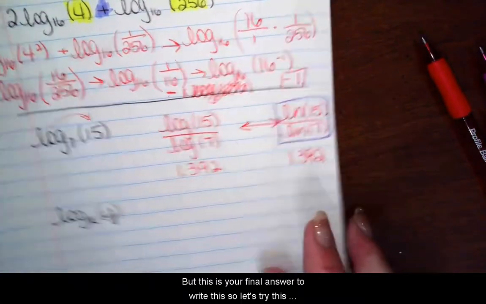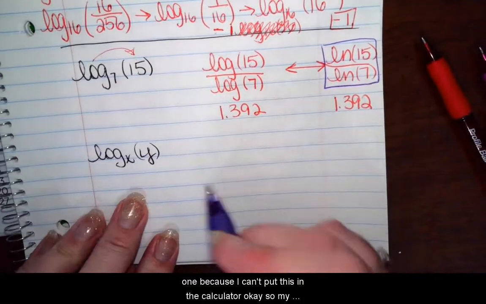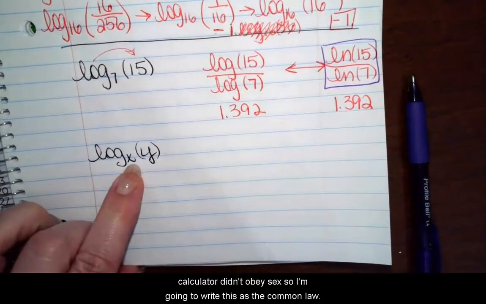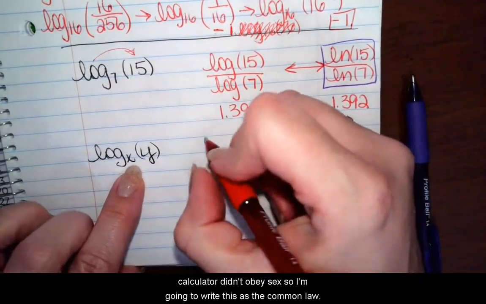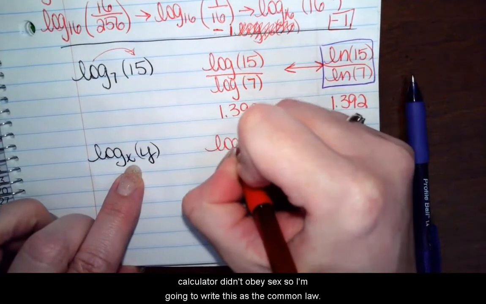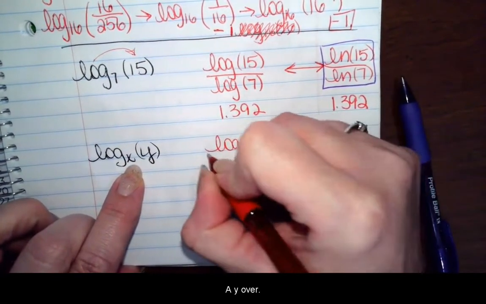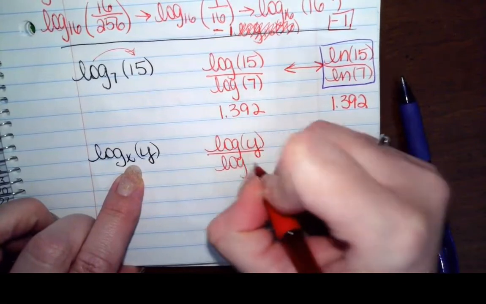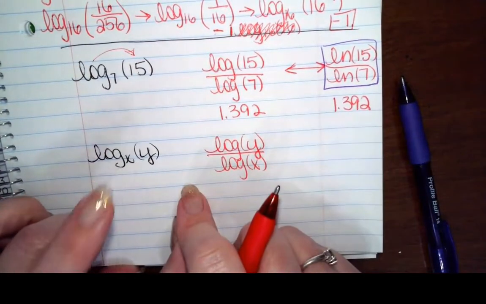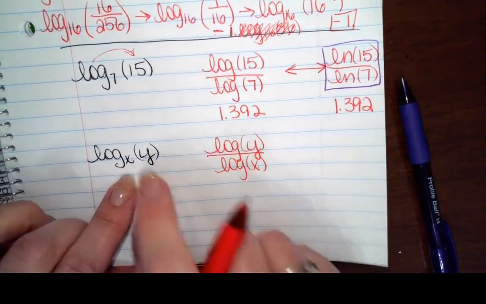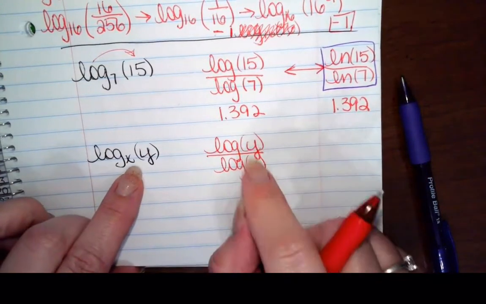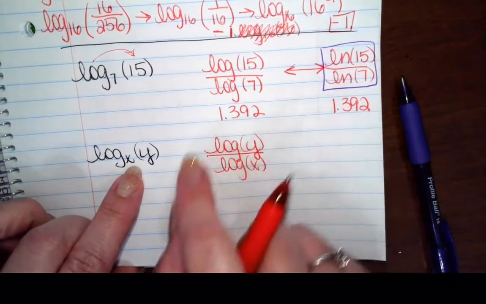So let's try this one because I can't put this in the calculator. My calculator doesn't know base x. So I am going to write this as the common log of y over the common log of the base my calculator doesn't know. So the argument goes in the numerator, the base goes in your denominator. That's not what we're using.